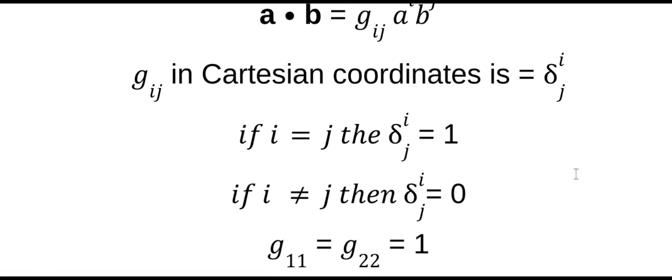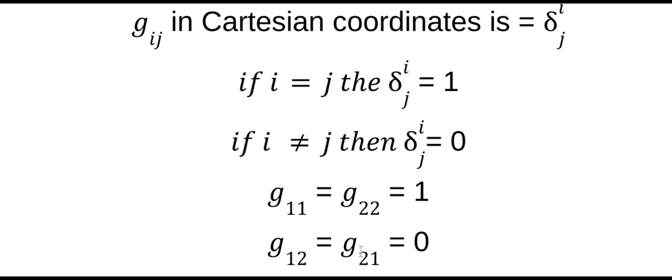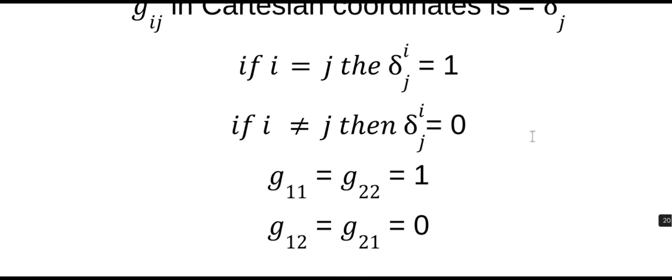So as an example, g11, so that's i equals j, equals g22, they both equal 1. And g12, g21, the mixed off-diagonal elements, are 0. So the metric tensor in the Cartesian coordinate system is the identity matrix, right?